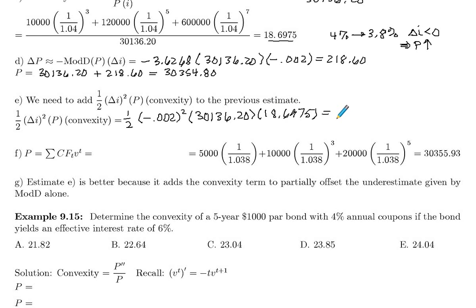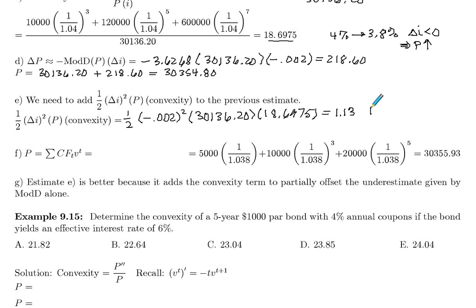And if you do the calculator work here, you will get $1.13, rounded to the nearest penny. So what that means then is this is added to our previous estimate.